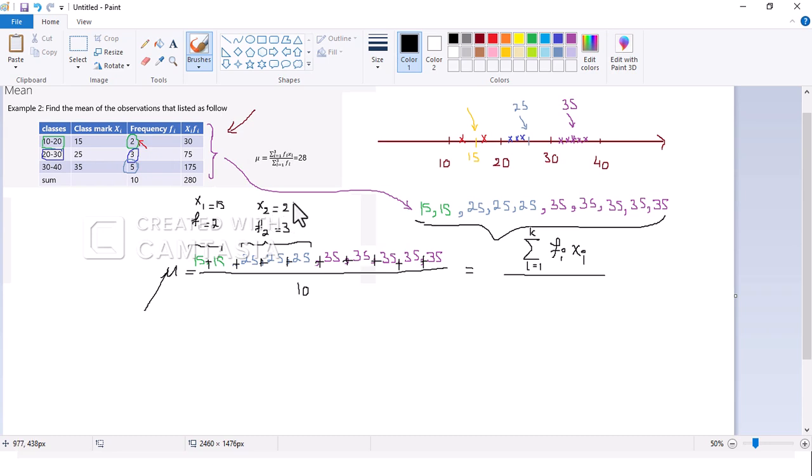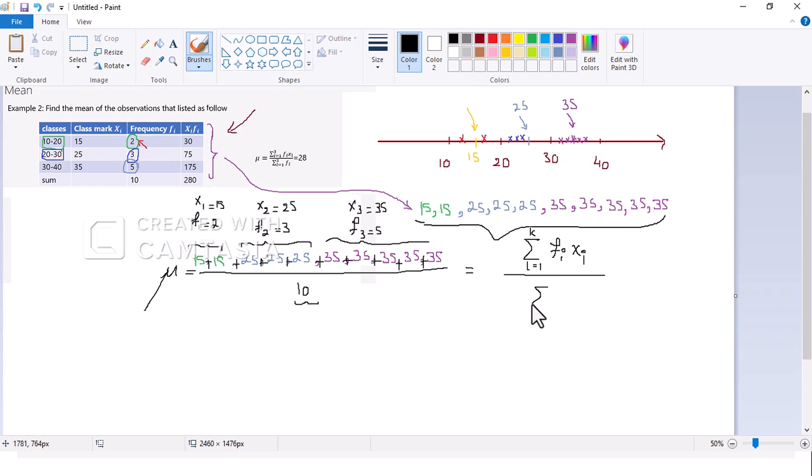And for the last one, we have the third frequency, f3, which is equal to 5, and we multiply this 5 by x3, which denotes the class mark for the last class. The last class is 35, and at the end of the day we divide by the total frequency, which is 10.